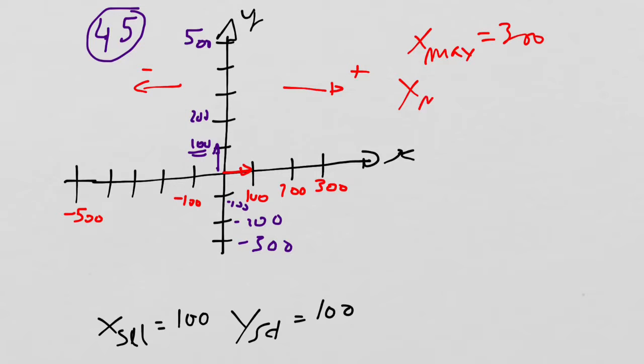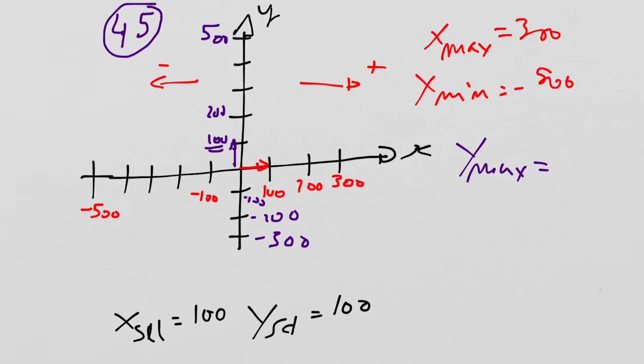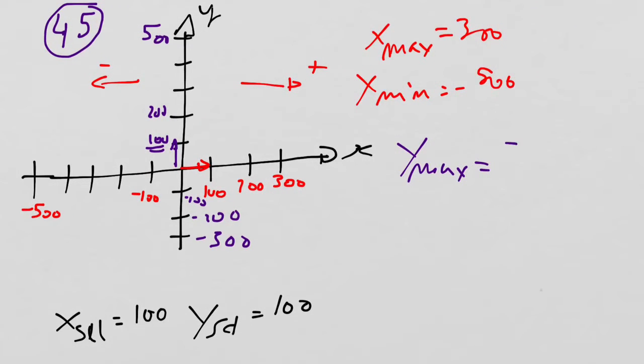My x min is going to be minus 500. My y max is going to be 500, sorry, and my y min is going to be minus 300. We good?